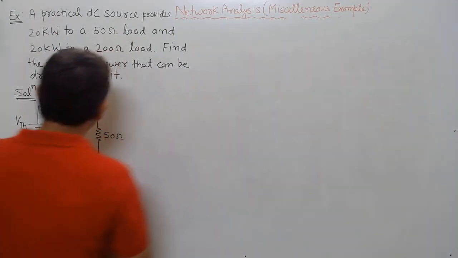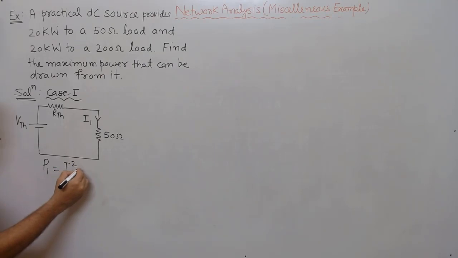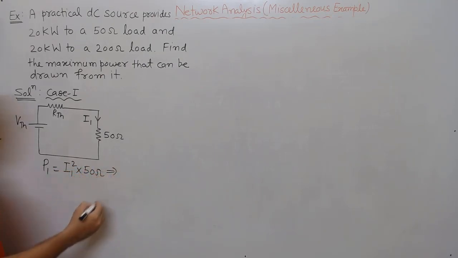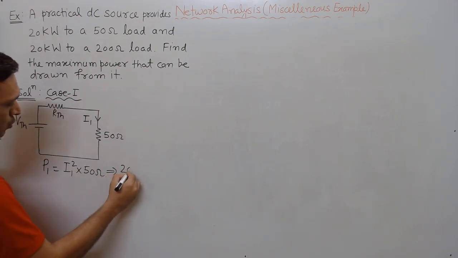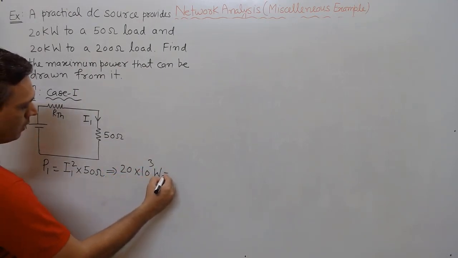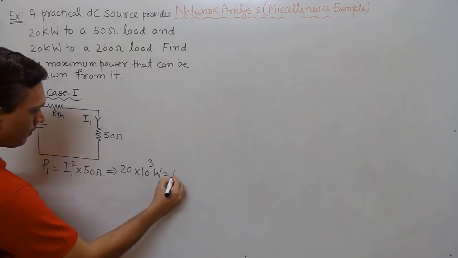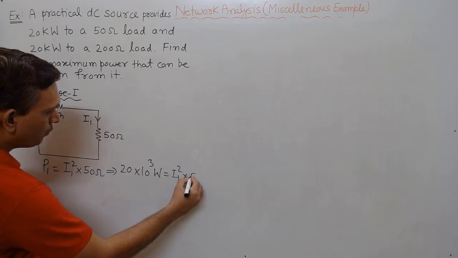So we can easily write P1 is I1 square into 50 ohm. So P1 is 20 kilowatt, that is 20 into 10 to the power 3 watt, and that will be I1 square into 50 ohms.